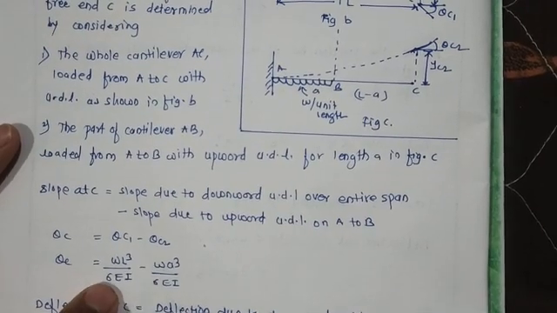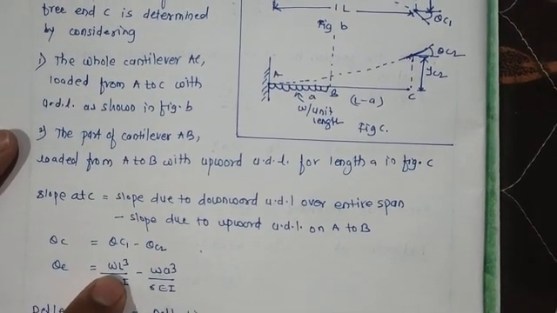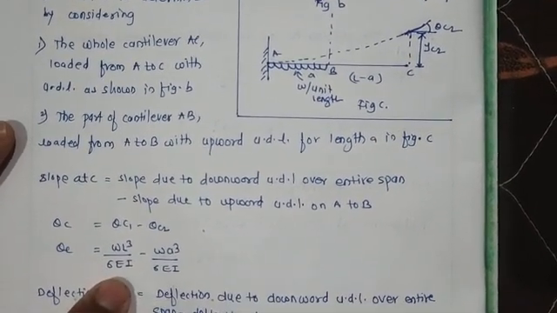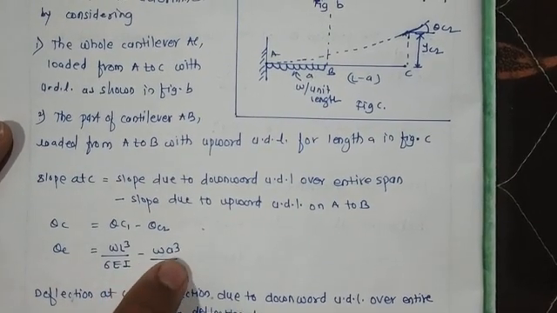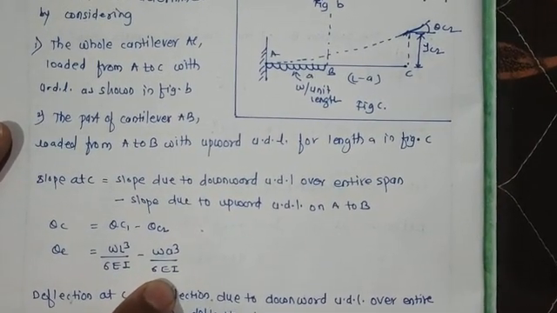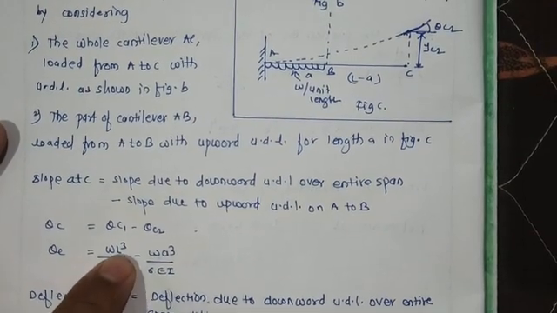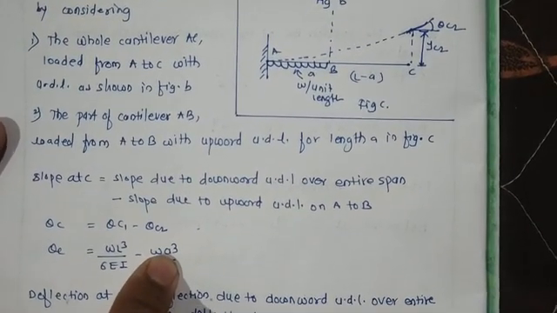The value of theta C1 is W L cube divided by 6 EI minus W A cube divided by 6 EI. Here is the total length, and here is some length A.